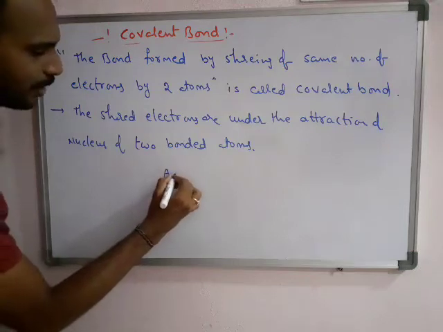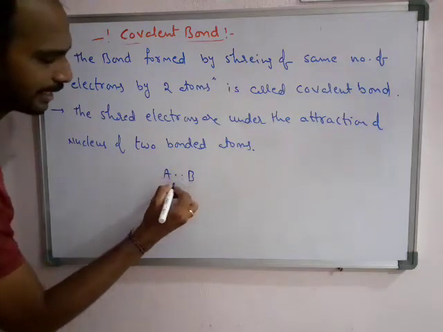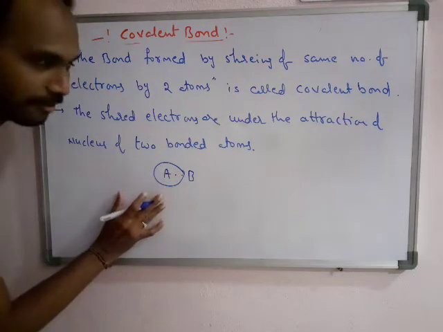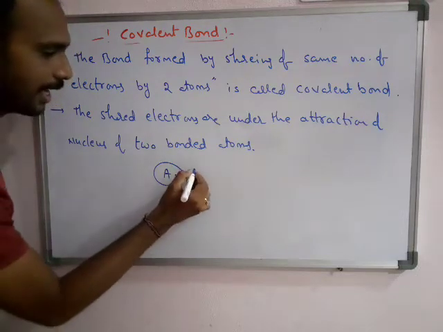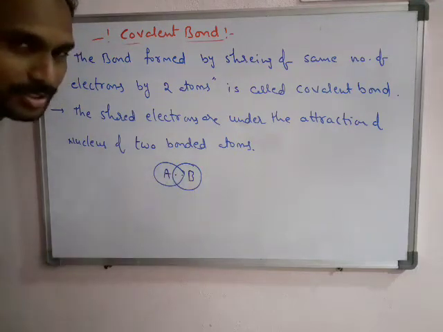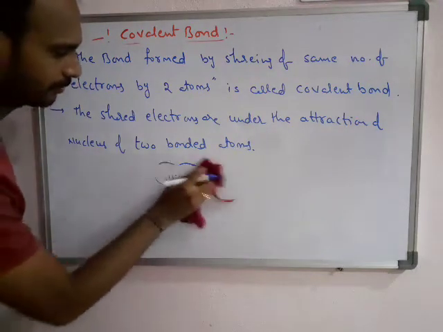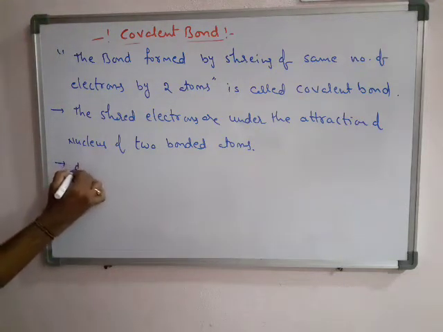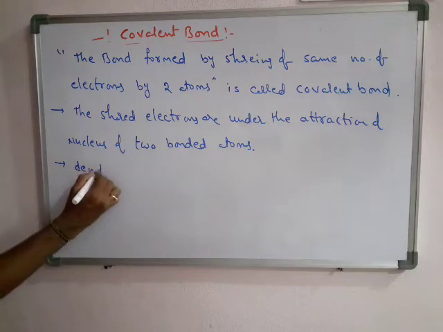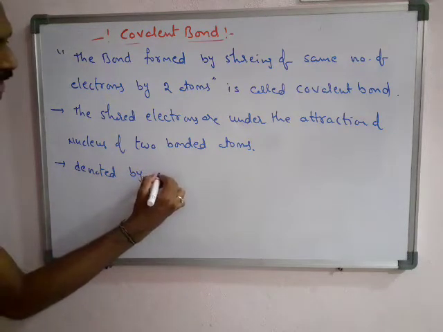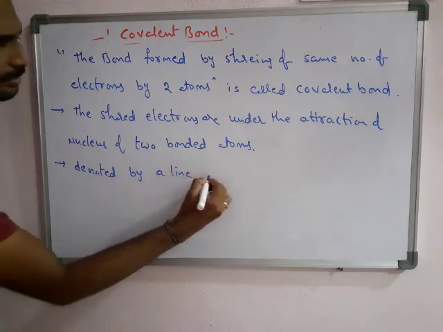For example, A donates one electron, B donates one electron. Now these two electrons are under the attraction of A, and also under the attraction of B. That is called mutual sharing. A covalent bond is denoted by a line, like this.